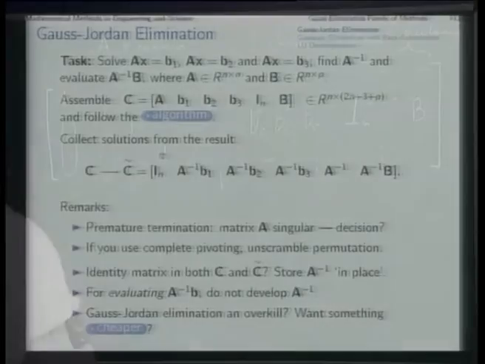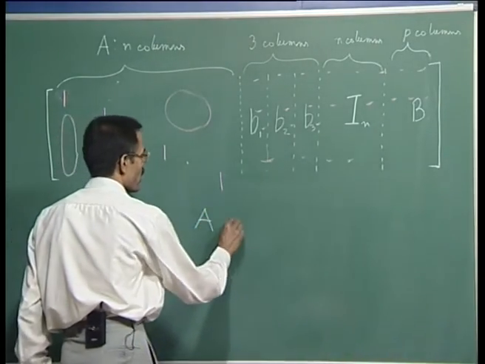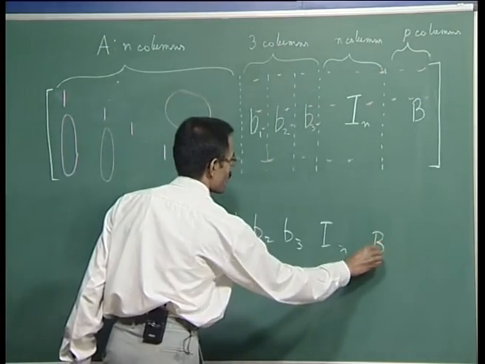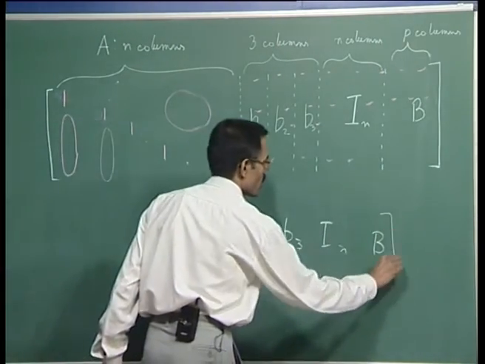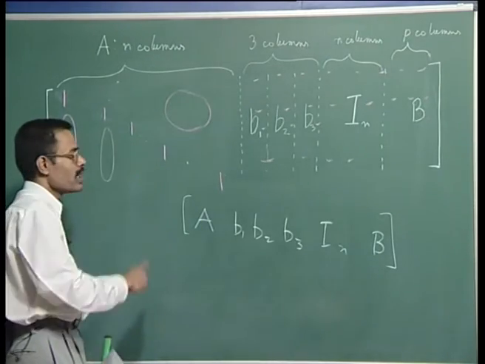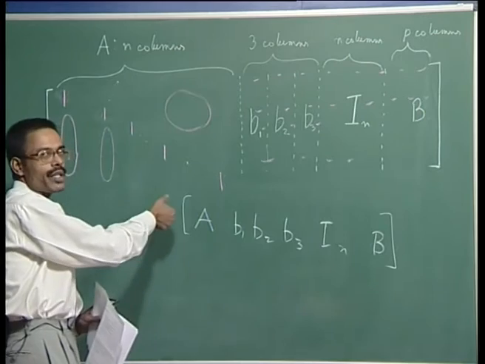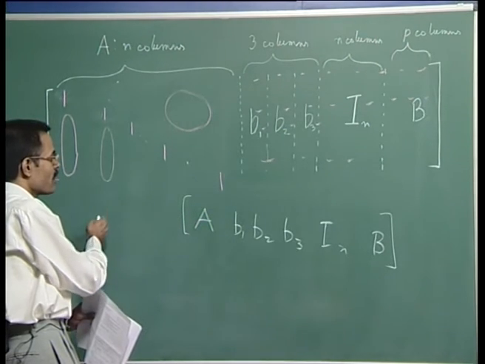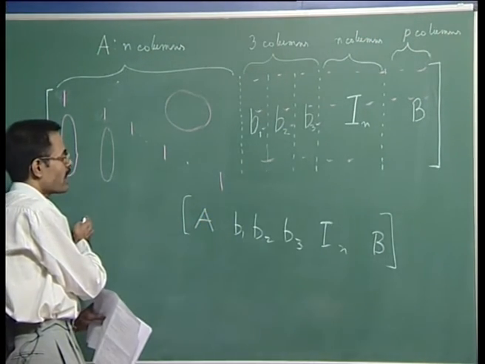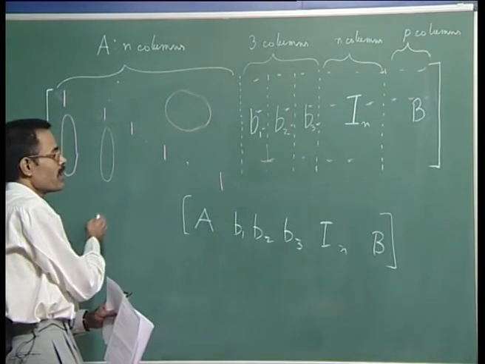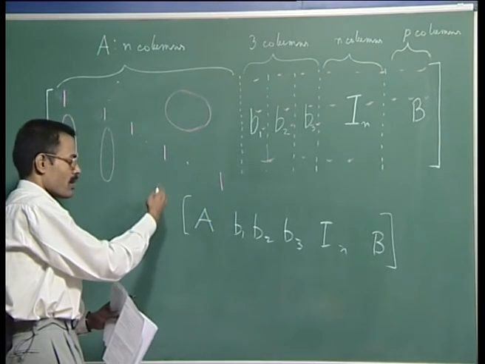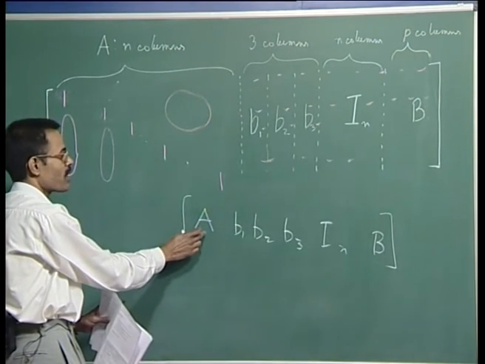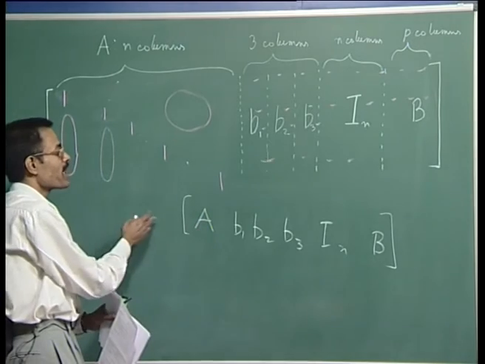Note that we started with A, B1, B2, B3, In and B. Now, every elementary row transformation that we have applied is actually equivalent to a pre-multiplication with a non-singular matrix, and many such matrices have been multiplied on this side, and that will mean that all of them together will mean multiplication with one square matrix from this side, and through that multiplication this square matrix has been reduced to identity. Then you know which matrix has been pre-multiplied.